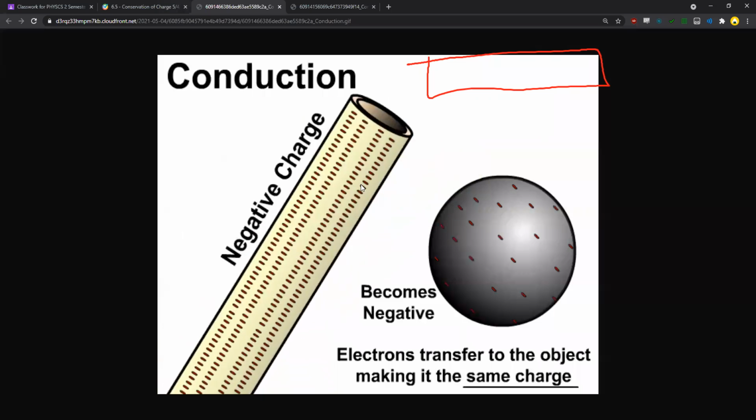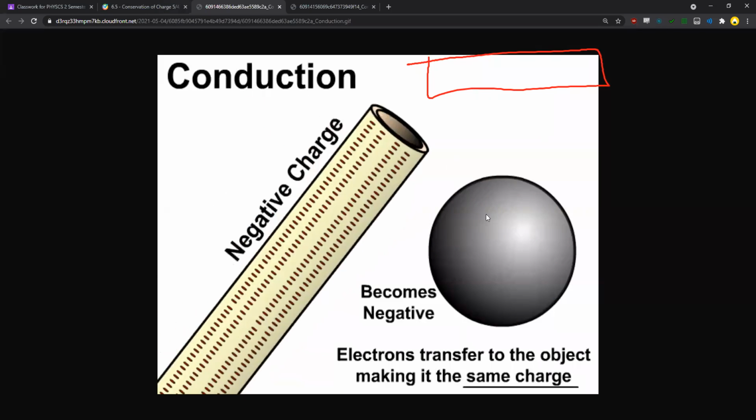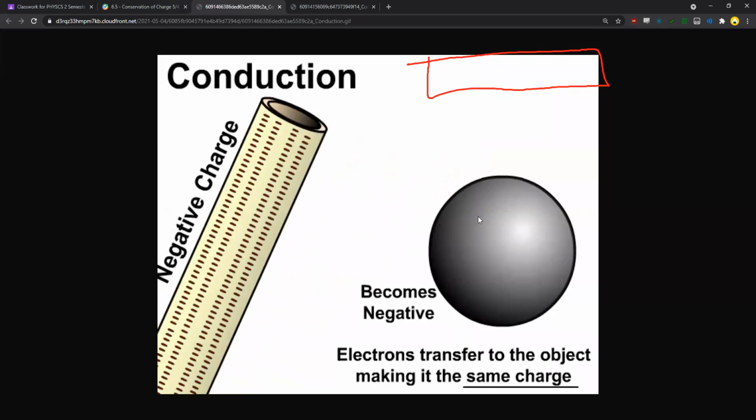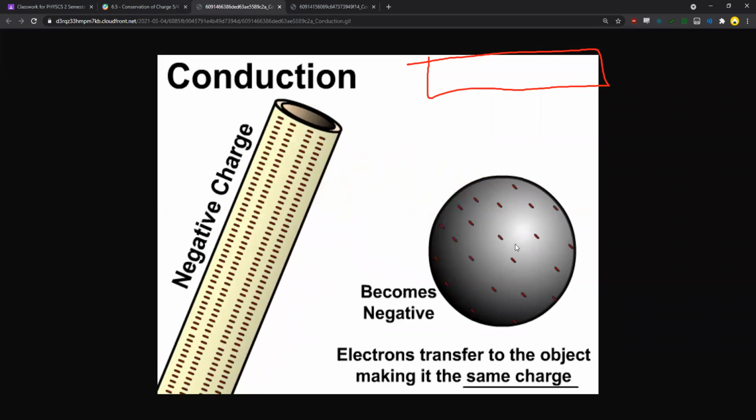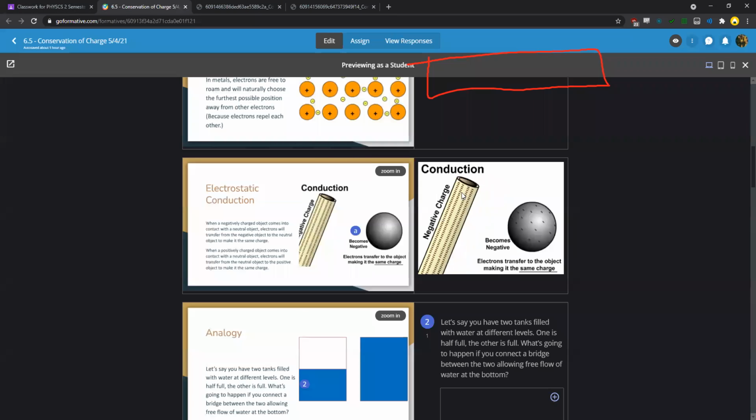Now this is an image of conduction, right? When you touch another object, if you were to touch a neutral object, you have electrons to transfer over. You can easily see that.